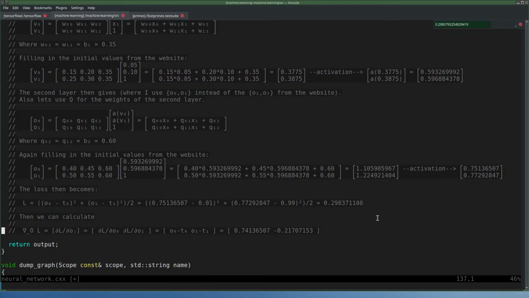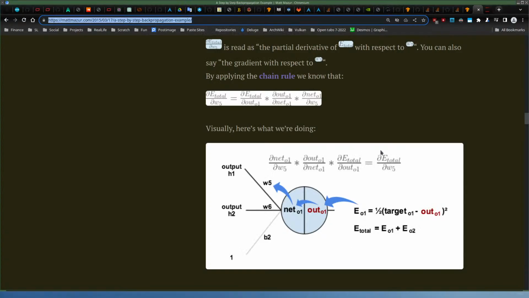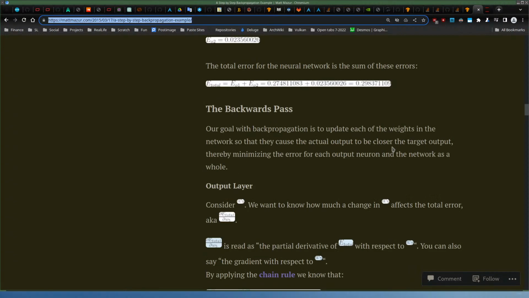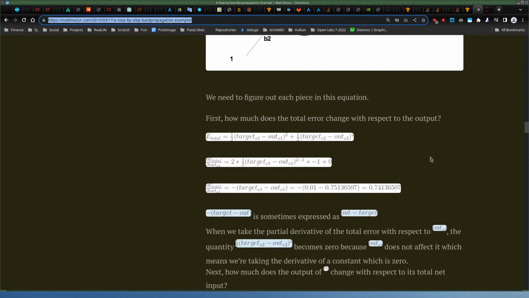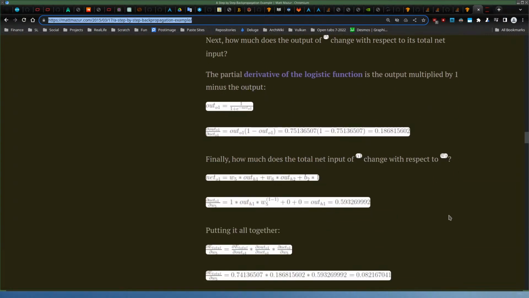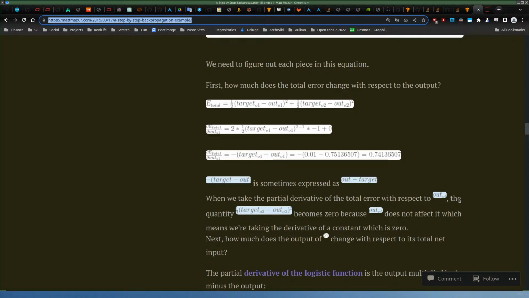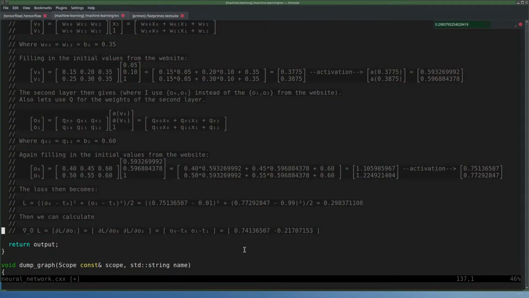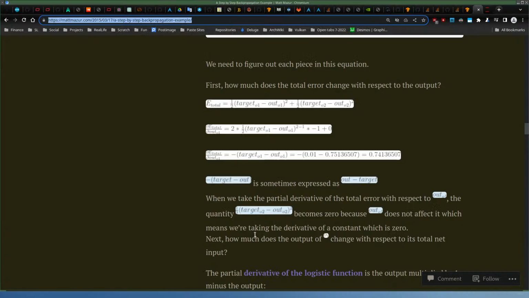Hopefully we saw these numbers as well somewhere here. Well, I get this one, 0.74136507. The other one they don't show.